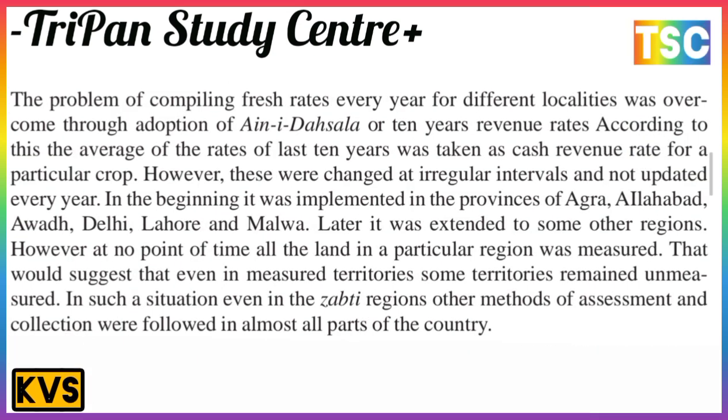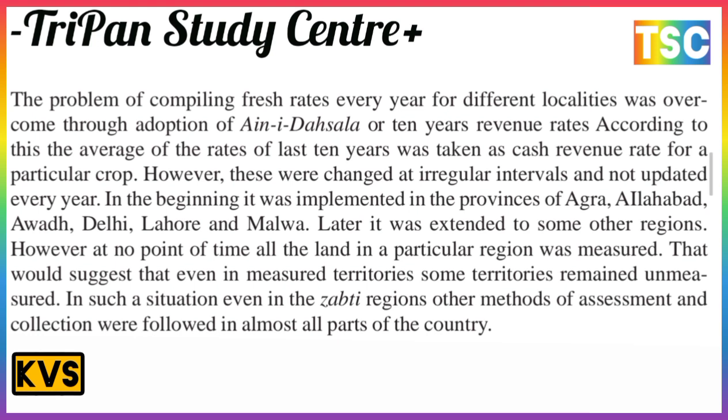The problem of computing the fresh rate every year for different localities was overcome through the adoption of the Dahsala, the ten-year revenue rate. According to this, the average of the rates of the last ten years was taken as the cash revenue rate for a particular crop.